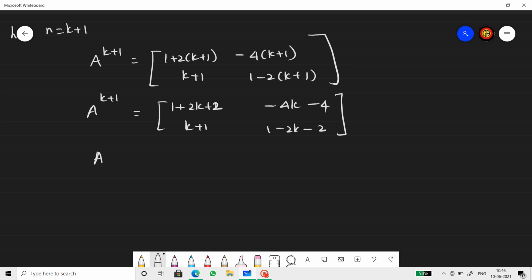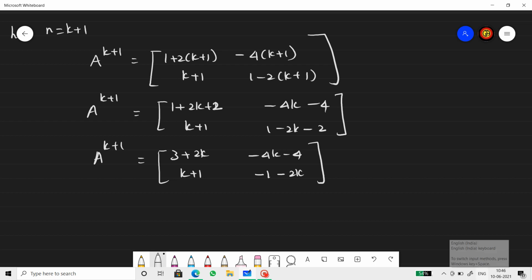So A power k plus 1 equals 3 plus 2k, minus 4 minus 4k, k plus 1 and minus 1 minus 2k. So this is what we get as A power k plus 1 matrix. Now we need to prove that this is true, right? So let me highlight this now.